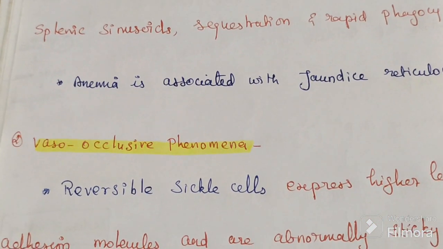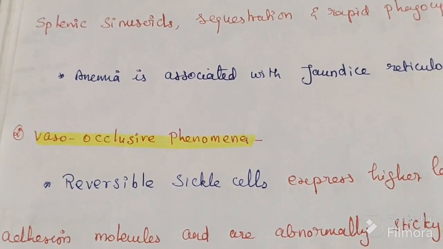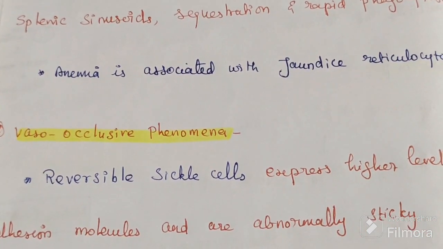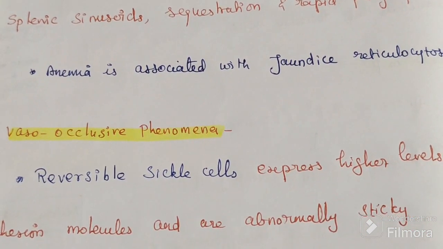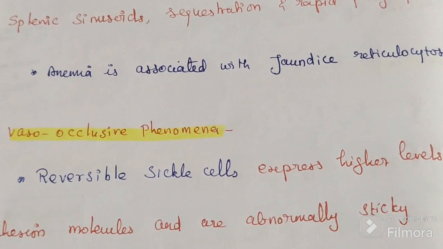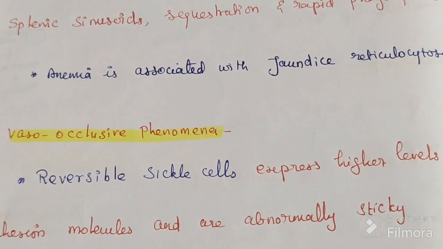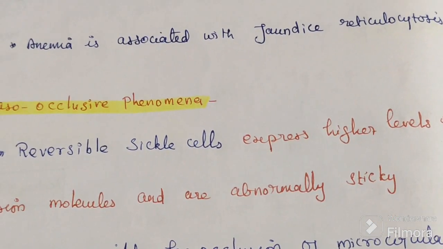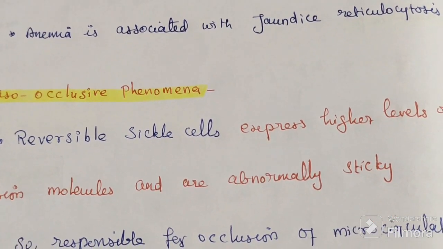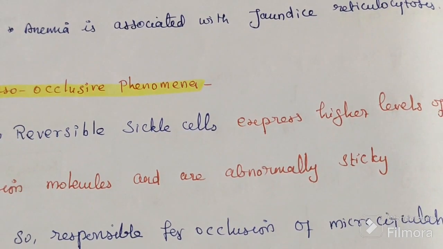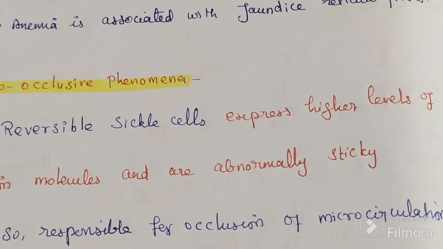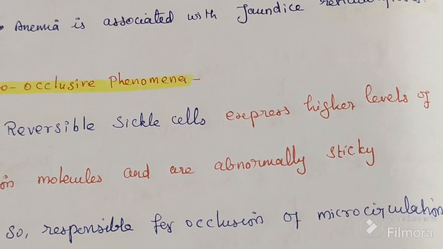The second symptom is vaso-occlusive phenomena. Sickling is reversible: on oxygenation it is normal, and on deoxygenation sickling takes place. When this sickling takes place in the deoxygenated state, the cells have a high level of adhesion molecules on them, so they are very sticky.